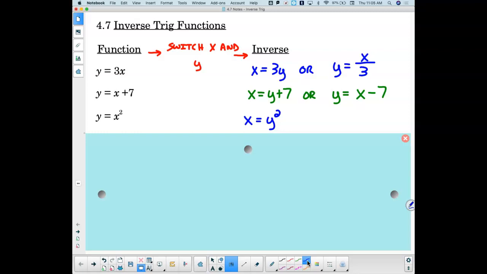And then the inverse, y equals the square root of x. If I wanted to keep it being a function, I would just have y equals the square root of x. Truly, it should be y equals plus or minus the square root of x, right? Okay. But then that's not a function. But truly it is that.